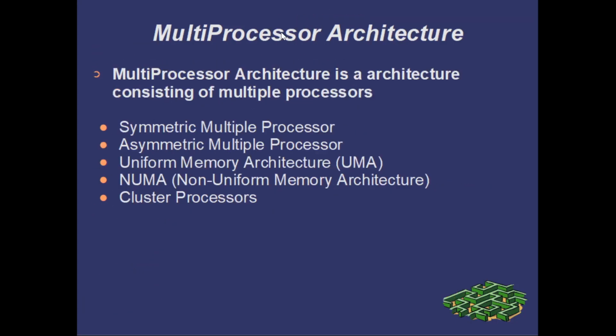So these are the types of multiprocessor architecture: symmetric, asymmetric, uniform, NUMA, and cluster processing. Cluster processing is nothing but getting multiple cores together for the same task. If there are 1000 cores inside your system, then 100 cores are assigned to one task. That is a cluster, a group of processors tied to a particular task.